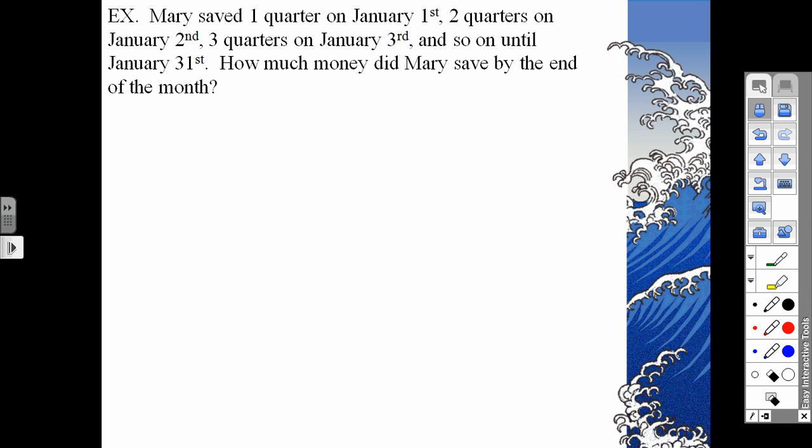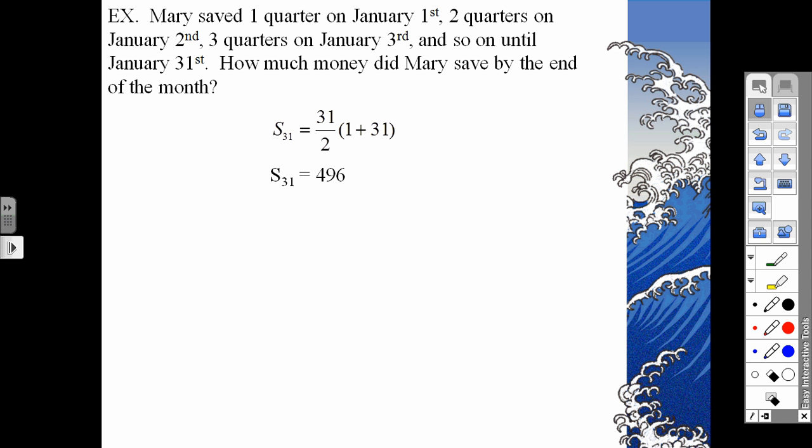We're adding these quarters all the time, right? So we want the total amount of money at the end of the month. So if we think about it, there's 31 days in the month of January, so that's how many terms there are, 31 over 2. And we know on the first day of the month is 1 quarter, and the last day of the month there's 31 quarters. So you just have to add these together, multiply by 31 over 2, and we get 496.